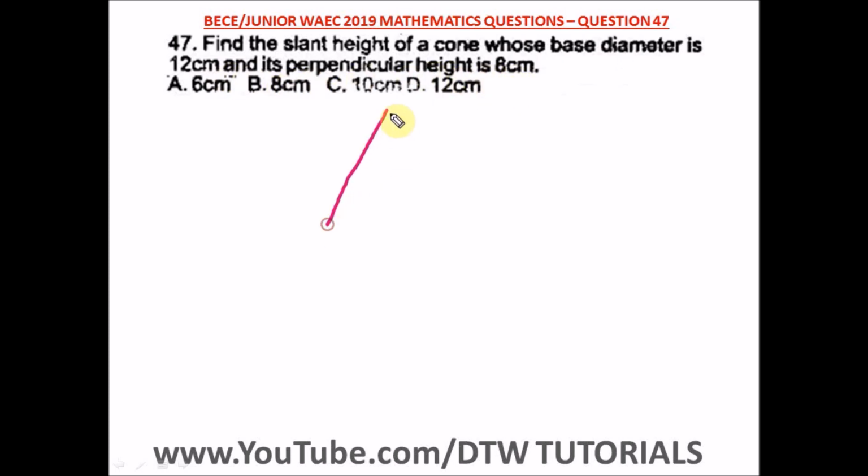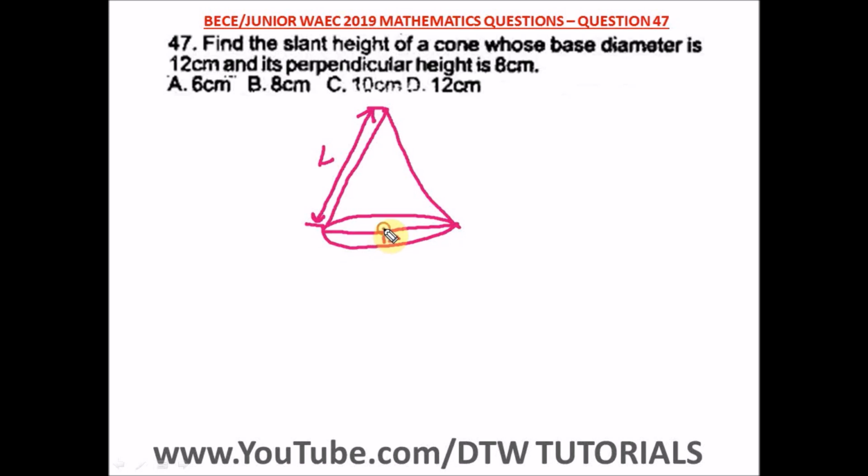So we have a cone here, and we're looking for the slant height, this particular place from here to here, which we represent as capital letter L. The base diameter, that means from here to here, is 12 centimeter.